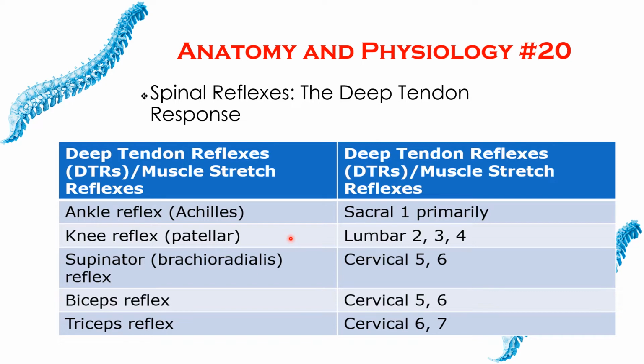The stimulated sensory fiber synapses directly with the anterior horn cell innervating the same muscle. So when the impulse crosses the neuromuscular junction, the muscle suddenly contracts, completing the reflex arc. Because each deep tendon reflex involves specific spinal segments together with their sensory and motor fibers, an abnormal reflex can help locate a pathologic lesion.